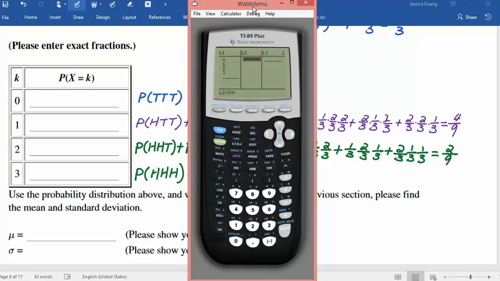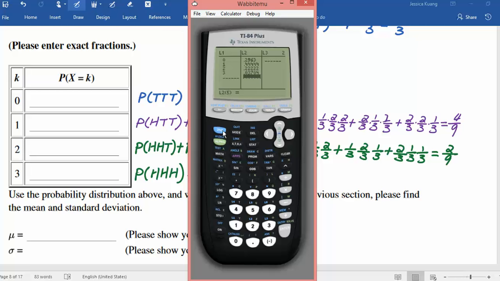And scroll to my right. I will enter 8/27. It's going to convert to a decimal for us by default, and don't have to worry about that. And 2/9. And then I have 1/27.